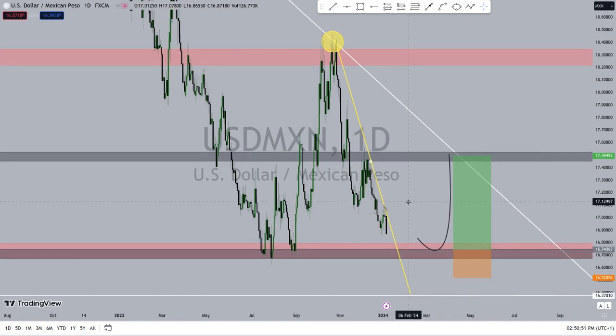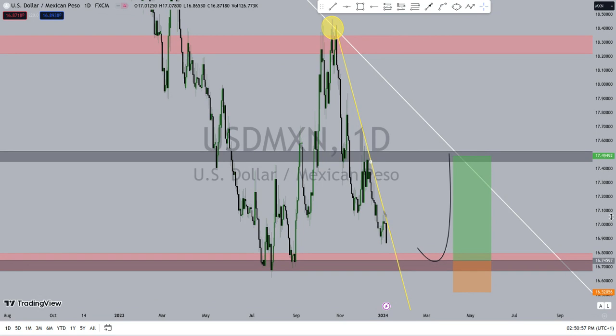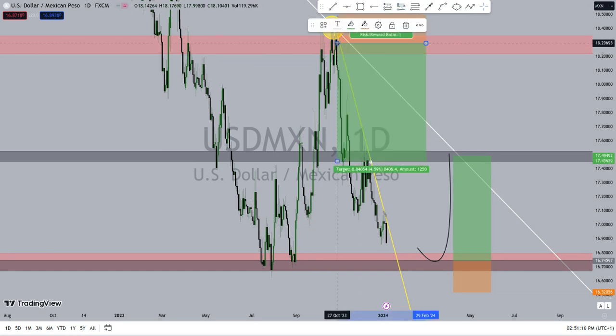So on USD MXN, I have a bullish perspective on it. Why am I saying so? Because look, price came. This is a very massive bearish move. We can calculate these pips.